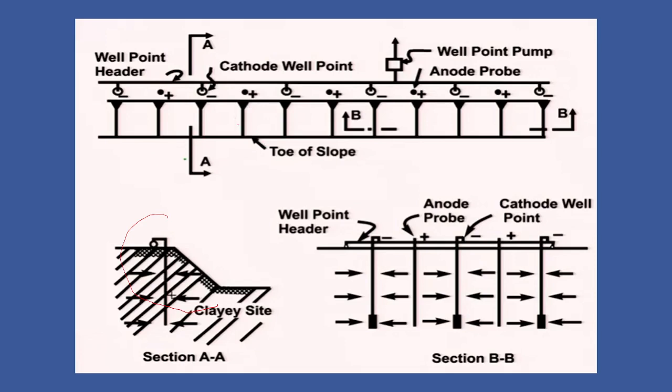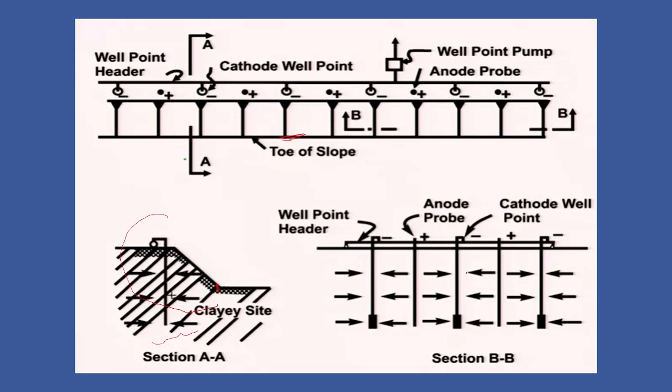If you take a cross section at a point, like this is your toe of the slope, it's here. And if you take a typical cross section at section A, this is the view you can check. If you take a further cross section to see the elevation view, this is the part.